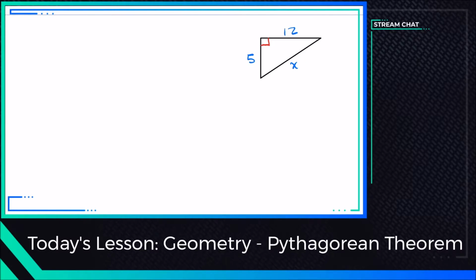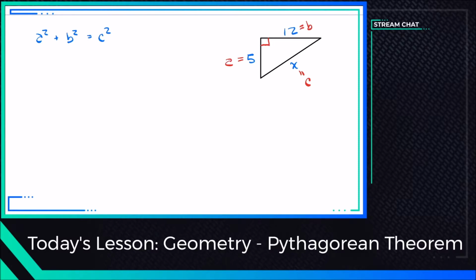We're just going to simply use the Pythagorean theorem to identify what x is equal to. And so we know that the Pythagorean theorem is a squared plus b squared is equal to c squared. As long as we keep c as our hypotenuse here, so x is going to be equal to c, our shorter leg will be equal to a, and our longer leg will be equal to b.